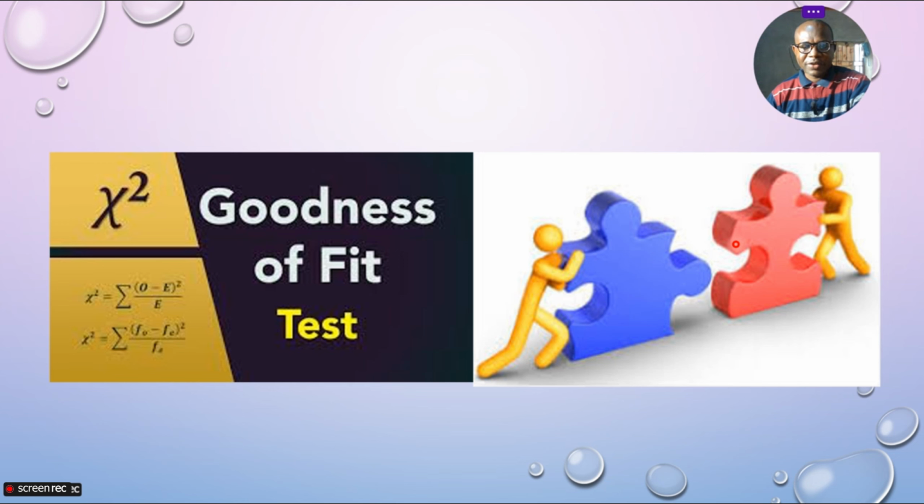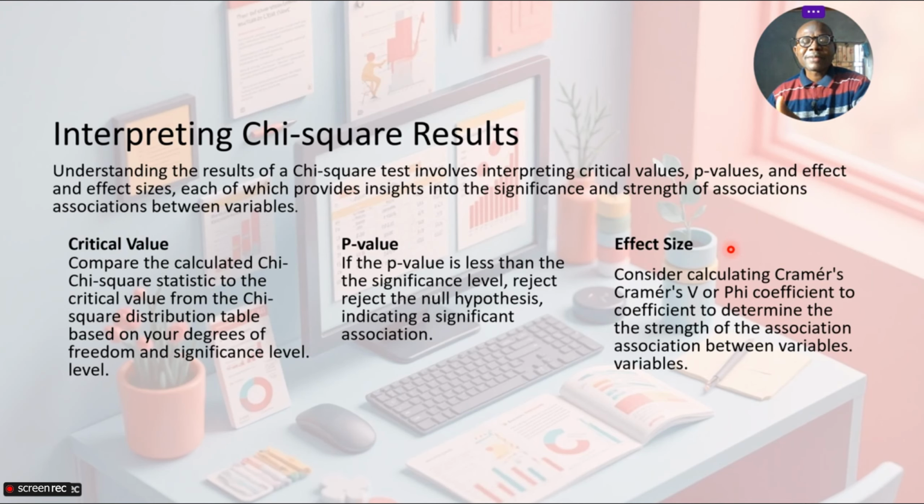Goodness of fit test. So, in terms of interpreting the chi-square test, we can interpret it using 3 different yardsticks. Number 1, the critical value; number 2, the p-value; and also the effect size. For the critical value, what we need to do is to compare our calculated chi-square statistic with the critical value in our chi-square distribution table.